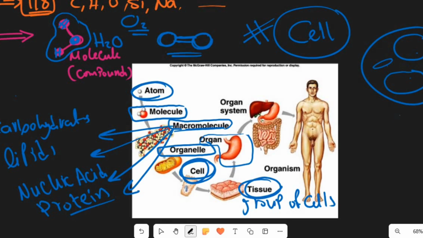And those organs will be organized in a certain arrangement to make a certain function and cooperate with each other to make a system, organ system, like digestive system, like respiratory system, like renal system, and all systems in the human body or in the organisms. And then all the systems will be joined together to form the organism.